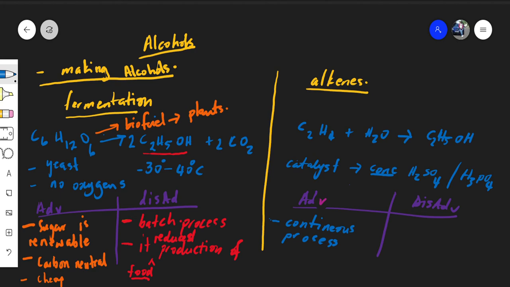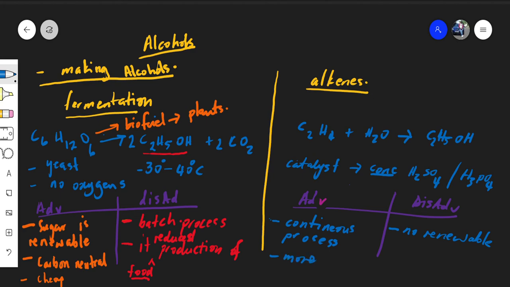And the disadvantage is that you are making it from crude oil, so it is non-renewable. The other thing that you're going to notice is that, since there is nothing else that you are adding to it, the alcohol that you are going to produce is more pure.